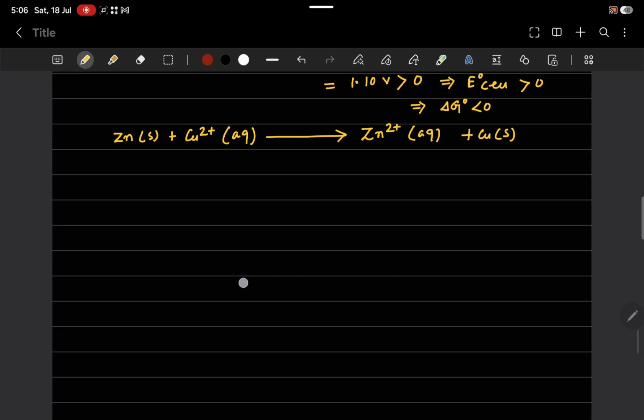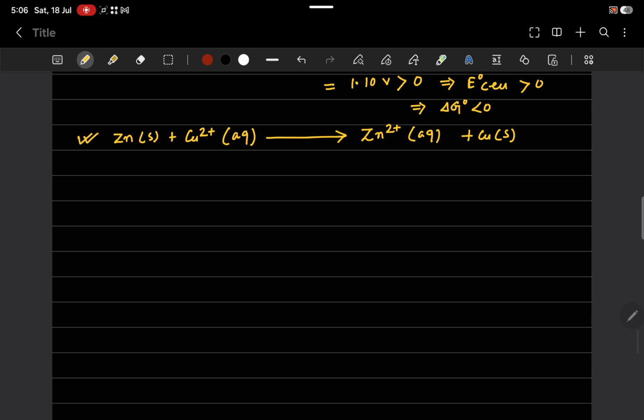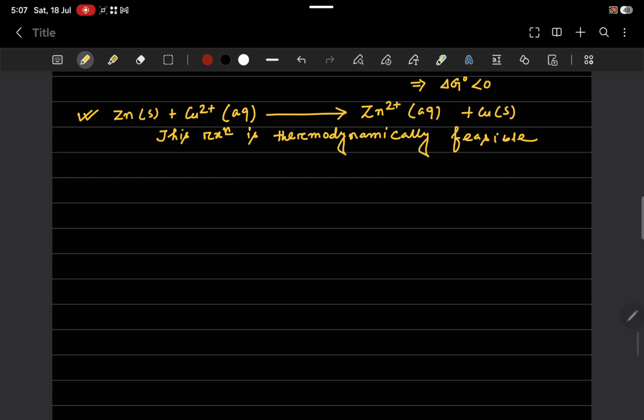Now you can ask me this question, can I write the reverse? This reaction is thermodynamically feasible. But let's say, based upon our curiosity, can we write it the other way?